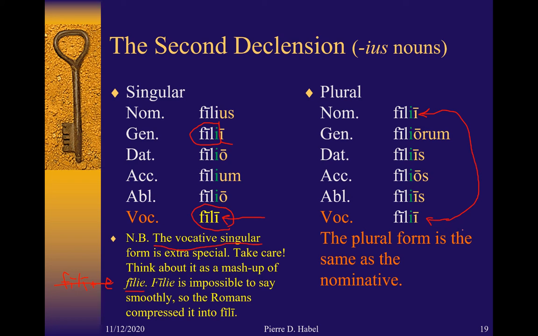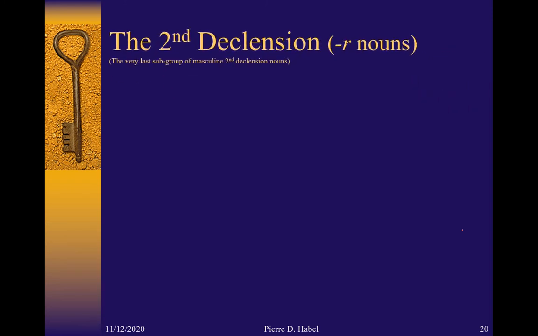But now we need to deal with those pesky nouns that end in R. They are puer, vir, and ager in our textbook. Puer, vir, and ager are the examples in our textbook.